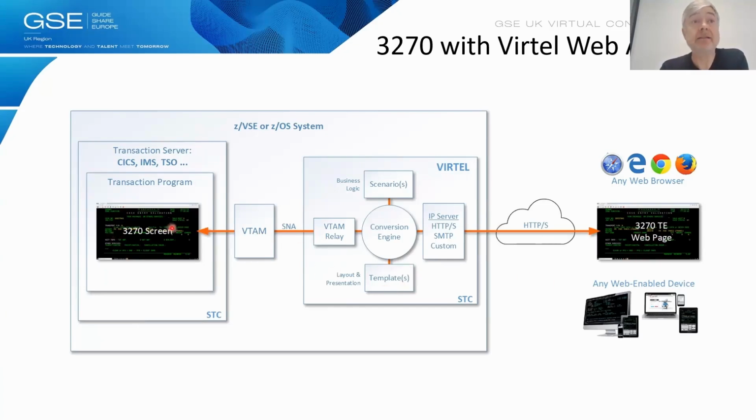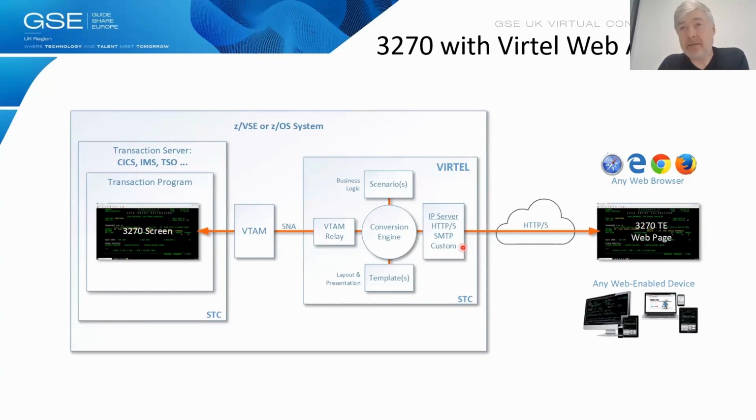And so Virtel receives the 3270 data flow, puts it into an HTML template and sends this template to the web browser, and the data gets displayed in the web browser in a classic 3270 green screen display.